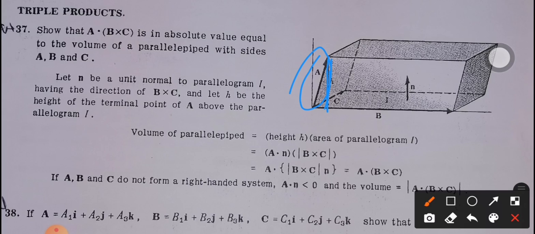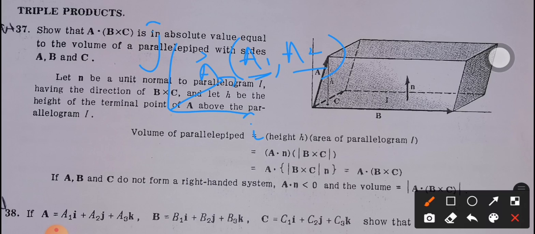I'm not saying the y component will be the good one, because if I take it to be i, j and k, or more precisely if I take it to be a two-dimensional vector, this is my vector i in the direction of i, and this is the direction of the unit vector j, and this is my vector a with components a1 and a2. Clearly, a1 is the x component and a2 is the y component, or the coordinates of this point, and I can replace a1 with a dot i and a2 with a dot j.